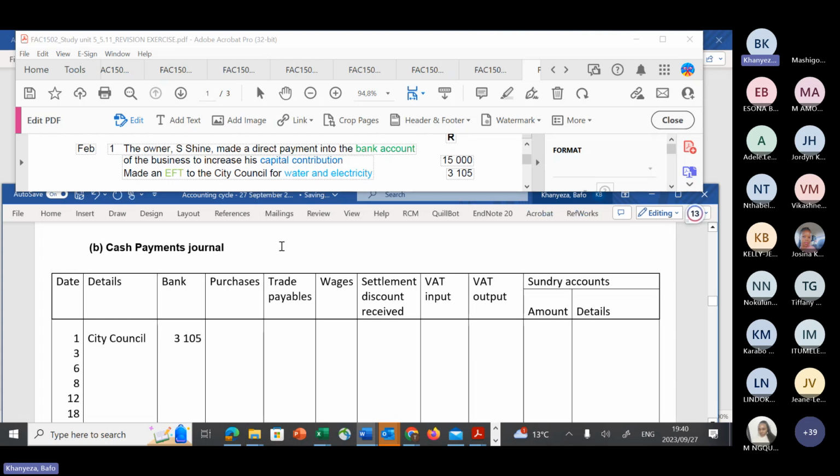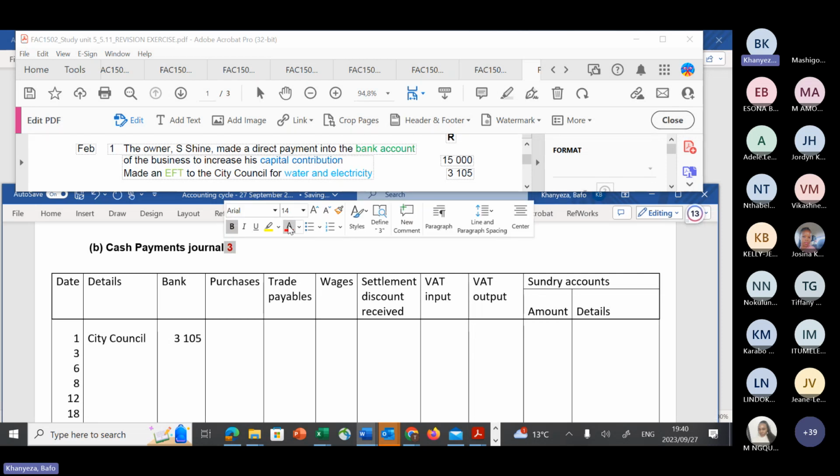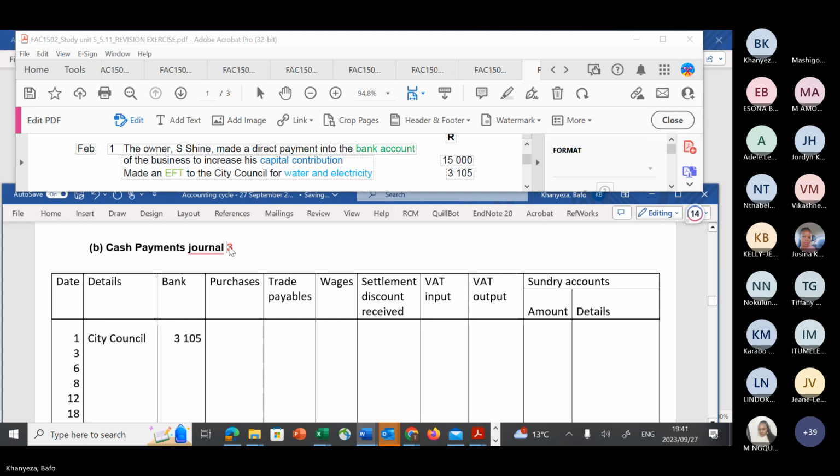Let me calculate the VAT amount, which I'm showing you how to calculate: 3,105 times 15 over 115.